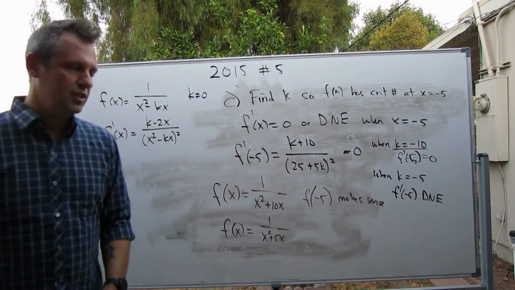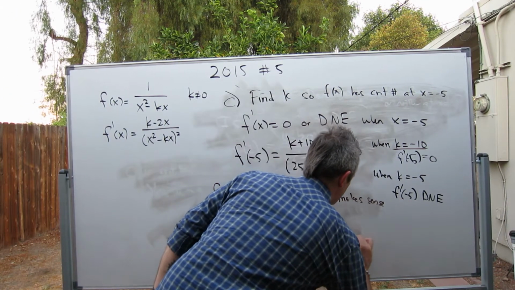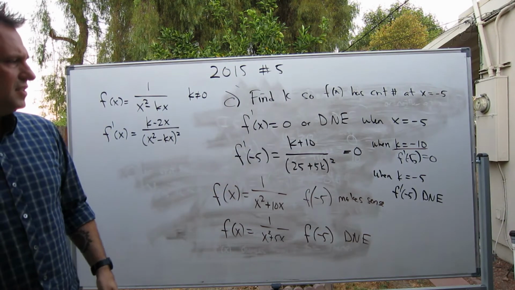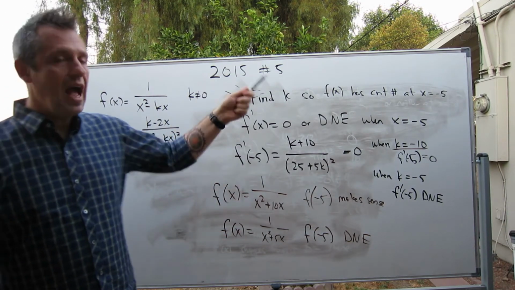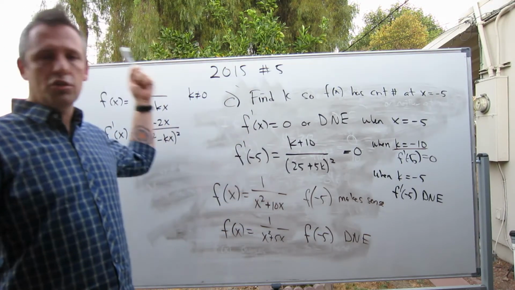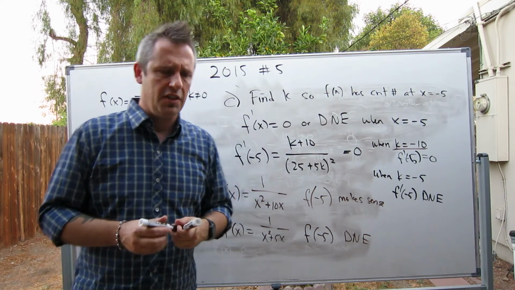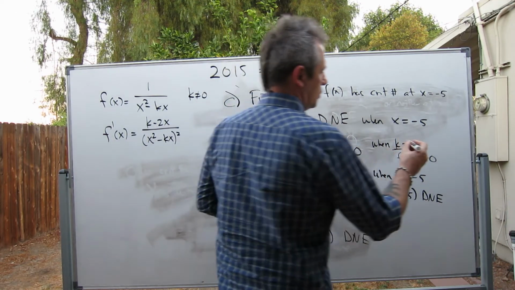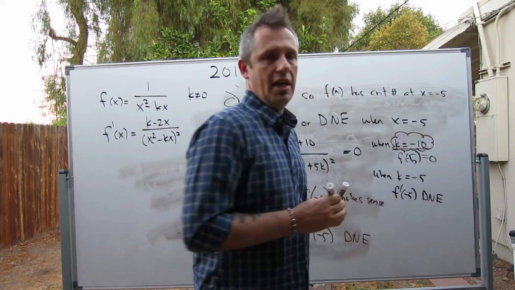And I believe the answer is no. F of -5 does not exist. The reason the derivative doesn't exist when k equals -5 at x equals -5 is because the original function doesn't exist. There's no way the derivative can exist when the function doesn't exist. So that means that this is not one of our answers. We're only accepting this one right here, k equals -10.